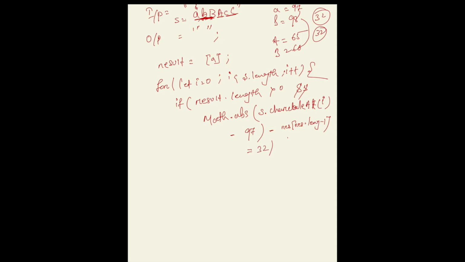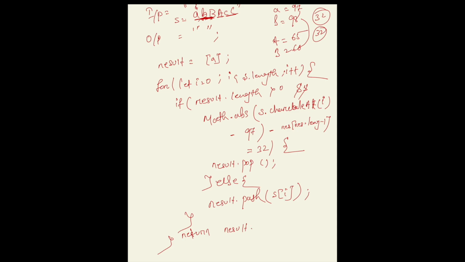If yes, then we pop that value, result.pop. Else, result.push that character. Then we return the result, but it is an array, so we use join to convert it to a string.